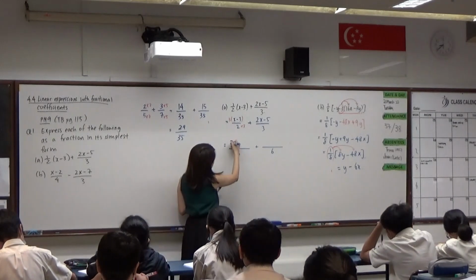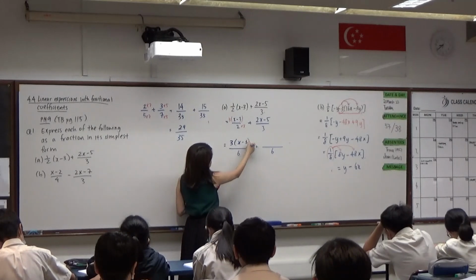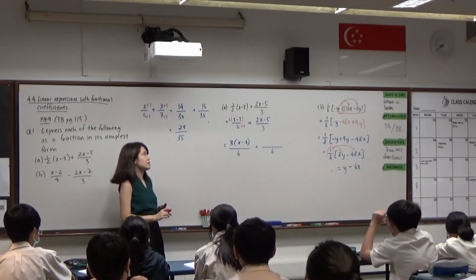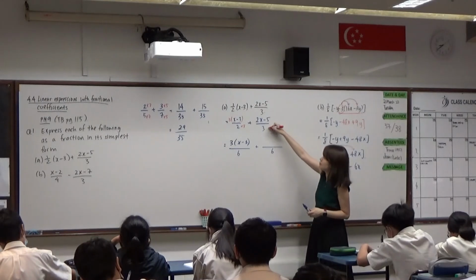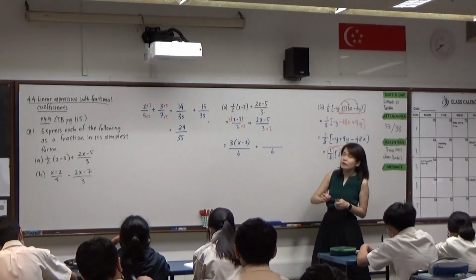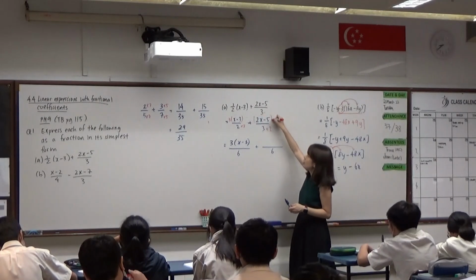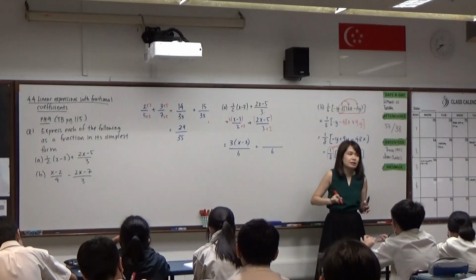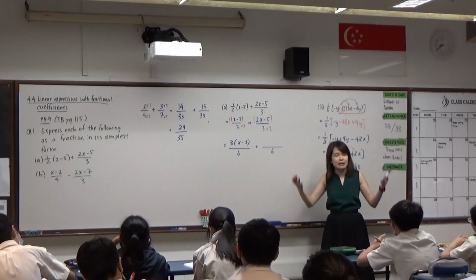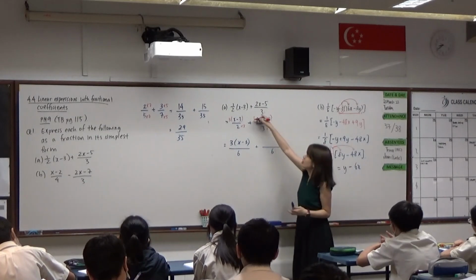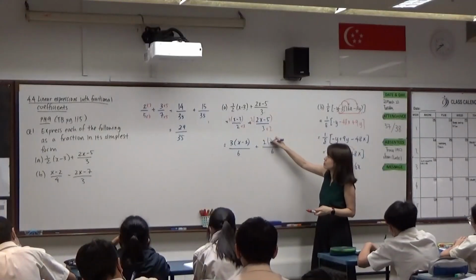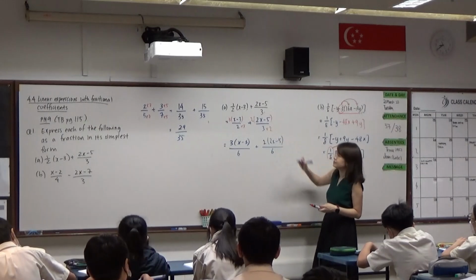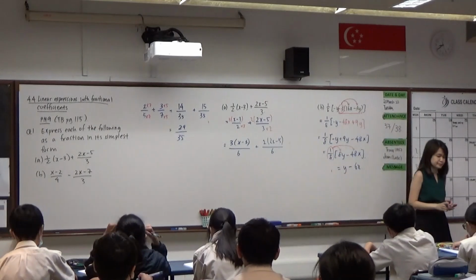But maybe let's just write down first 3 bracket x minus 3. And in my second fraction, what I need to do is to multiply by 2, and multiply by 2 for everything in the numerator. Because it's everything, that's why I must put in the brackets. So I'm putting a 2 in front and I'll write 2 bracket 2x minus 5 plus 6.